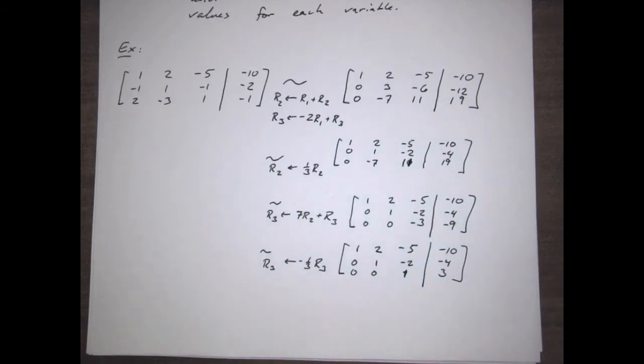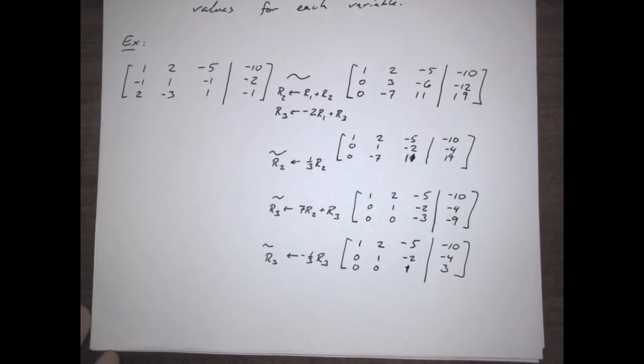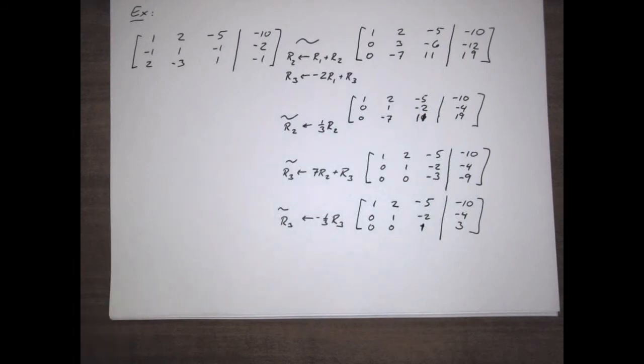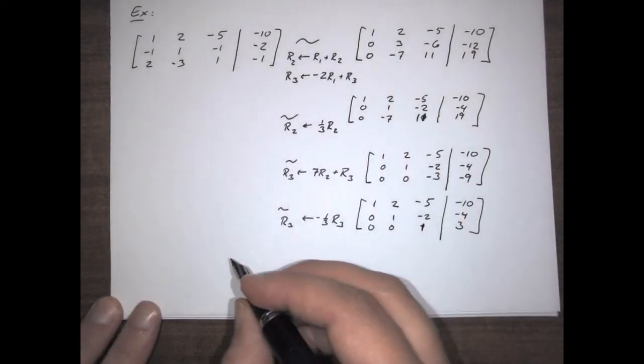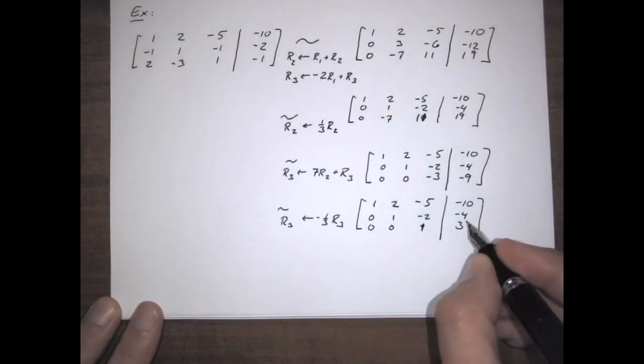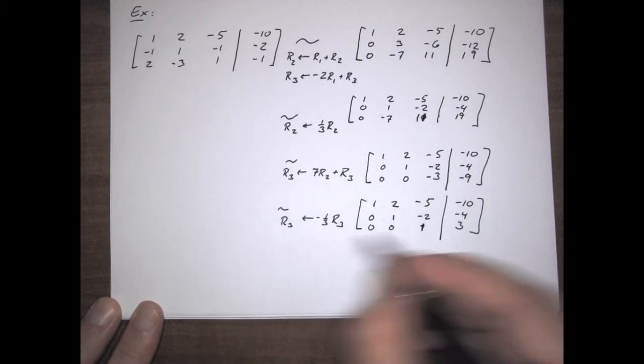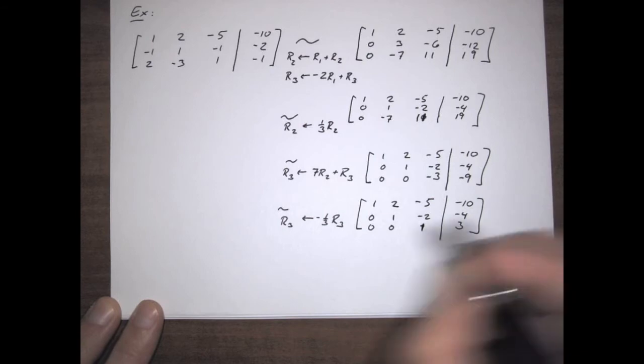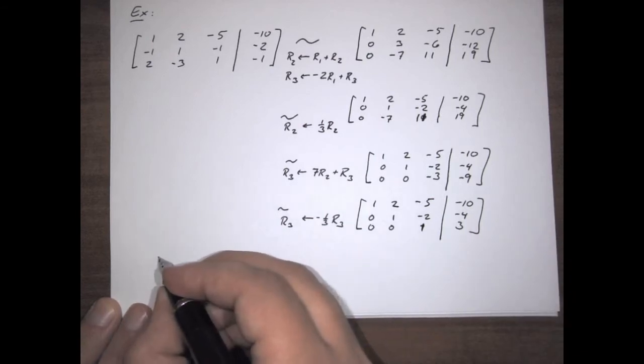And now what we basically have is the end of the road, or at least the end of this road. So we get off this road and go onto a different road: we switch it back to equations, and we figure out what x1, x2, and x3 are all about. Let's write each of these equations in their proper format.